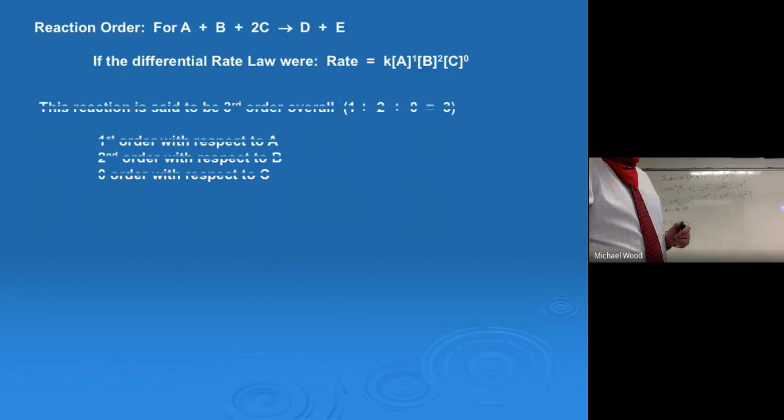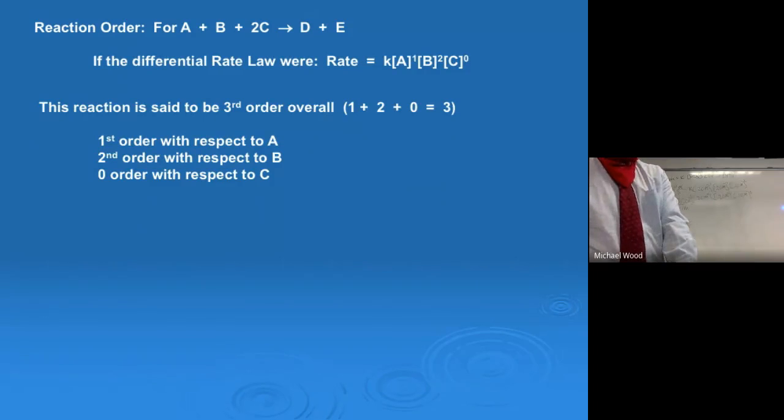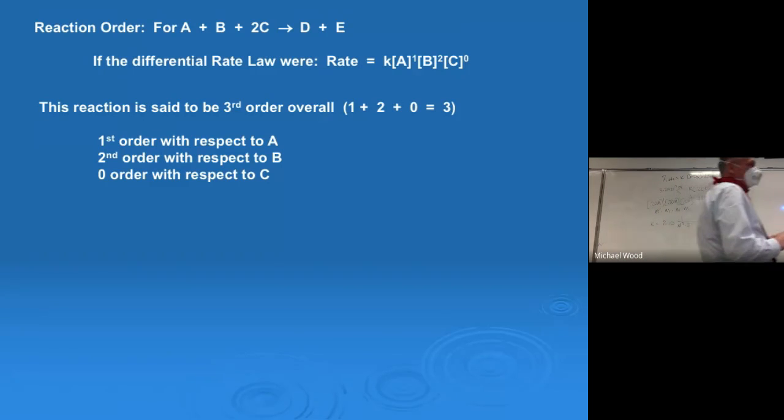Okay, so next slide. I want to get through this slide, and I'm going to actually add some more to this. So what do the orders of reactions mean? Again, the speed of reaction, what effect do the concentrations have, or say something's first order, second order, third order, or 0 order, what does that mean?